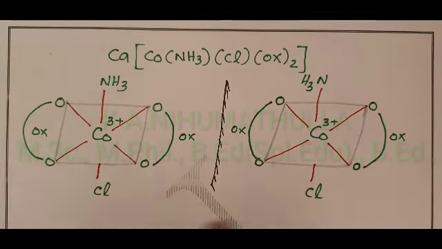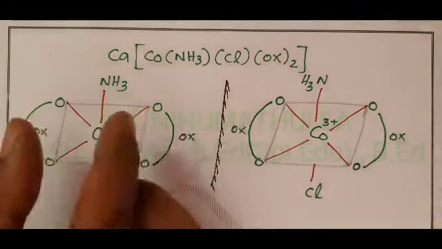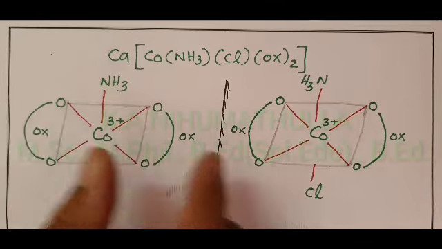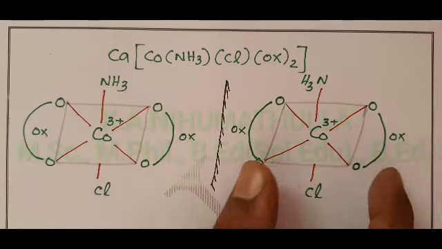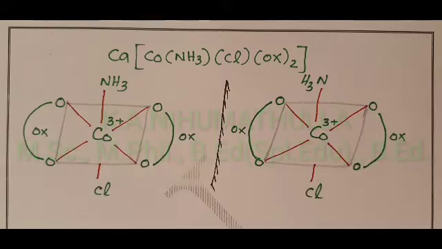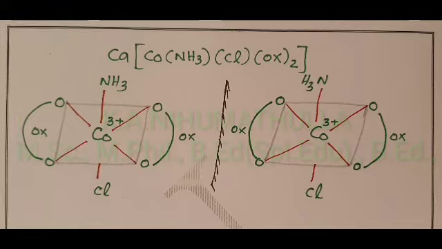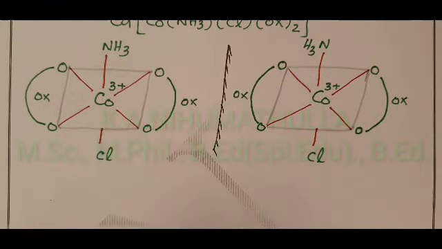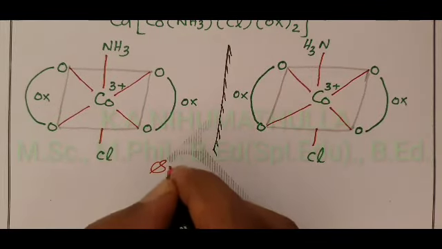When you place the mirror image on the compound, all the groups and the bidentate ligands coincide with each other. That coincidence is also given another name, that is, all are superimposable.